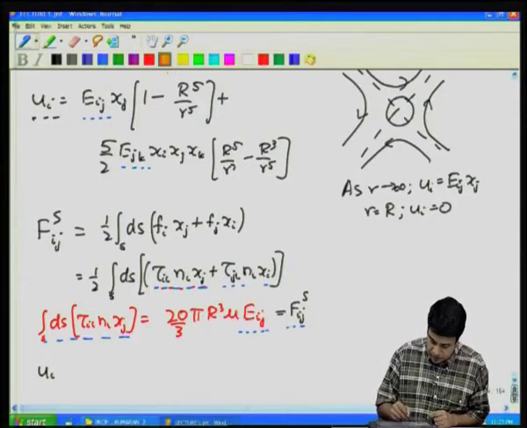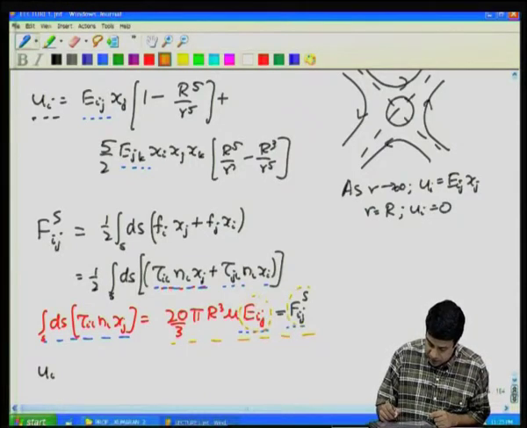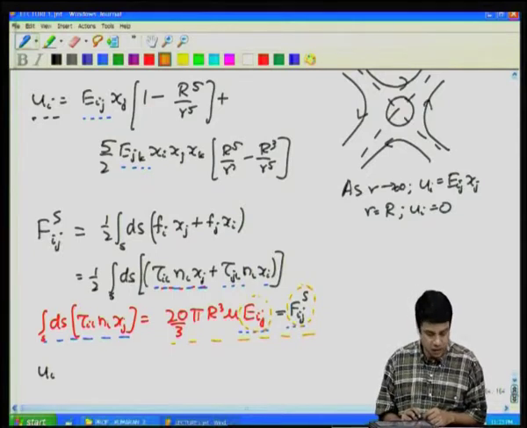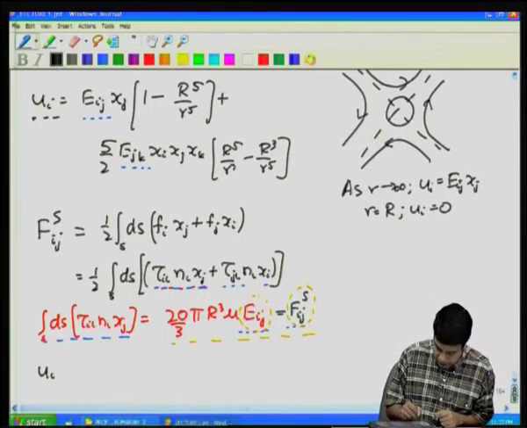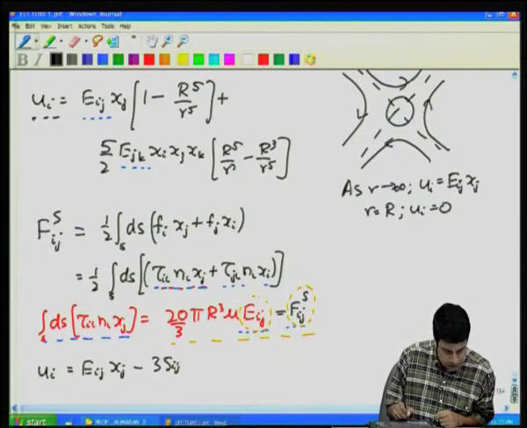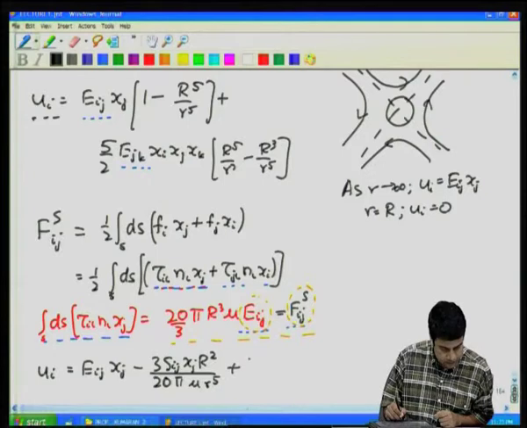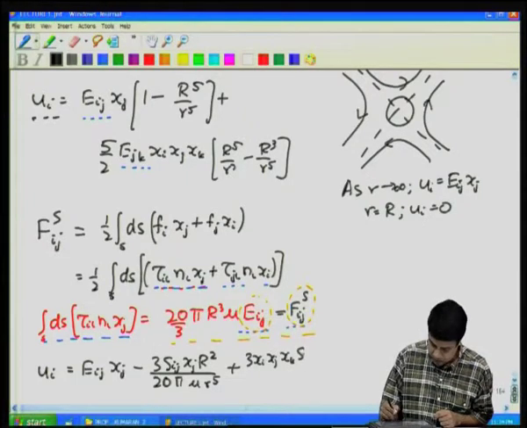I use this relation to substitute E in terms of the symmetric part of the force moment, and I will get the velocity field as E_ij x_j minus 3 S_ij x_j r squared by 20 pi mu r to the 5, plus 3 x_i x_j x_k S_jk over mu.